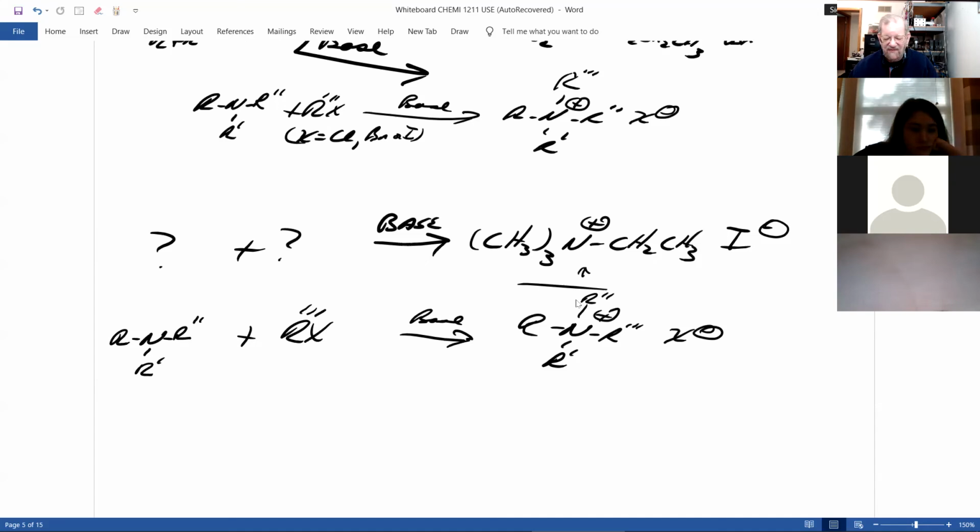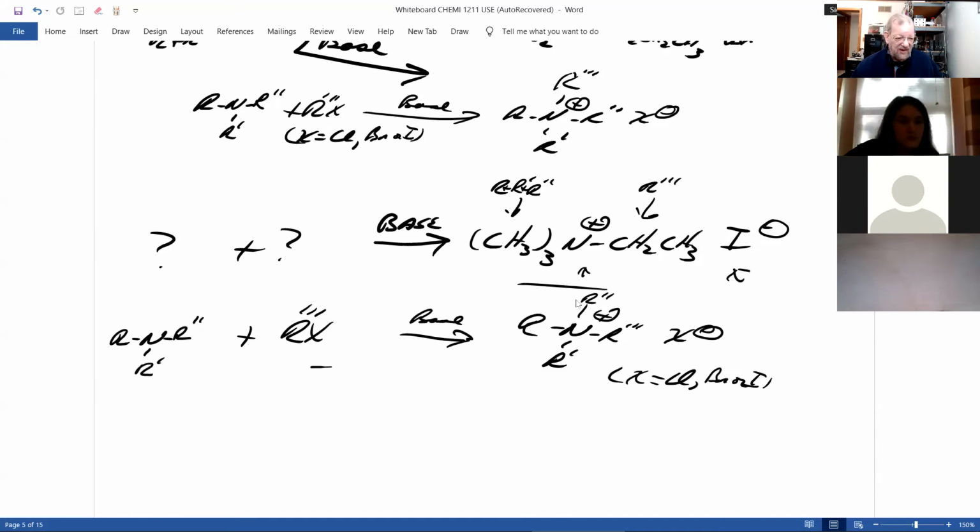And remember, over here, X, and over here too, can be chlorine, bromine, or iodine. And in our case, it's an iodine. So what I can do is I can say, well, I'll call this R and R prime and R double prime. I'll call this R triple prime.